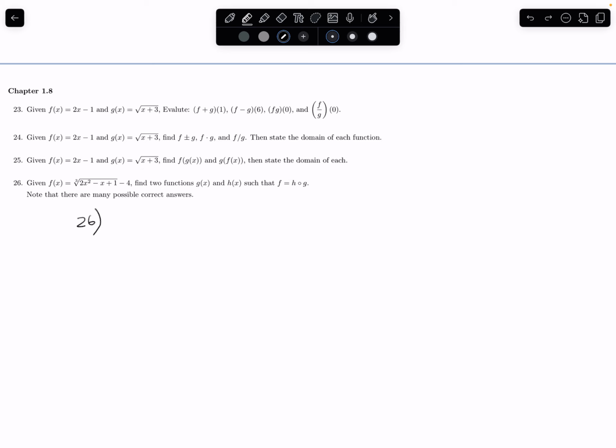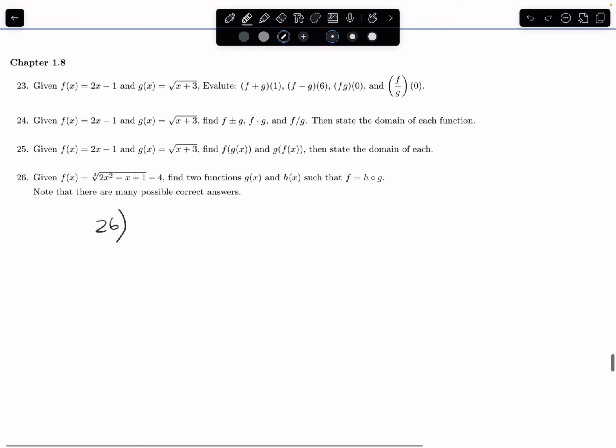Remember we had a few step process. First, we pick some function that has all the x's in it. To me, the most obvious choice, though this is not the only choice, there are multiple correct answers here, is to pick this as the inside function.